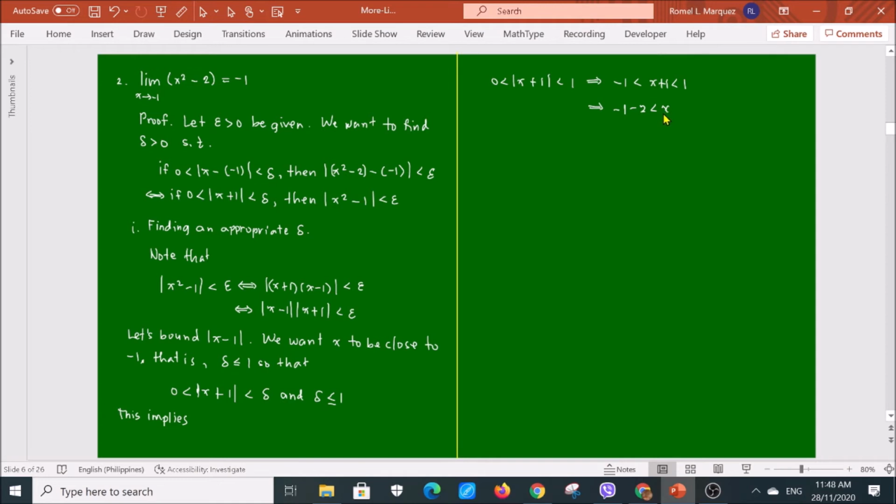So if I add negative 2 to each part, I get negative 1 minus 2, less than x minus 1, less than 1 minus 2.